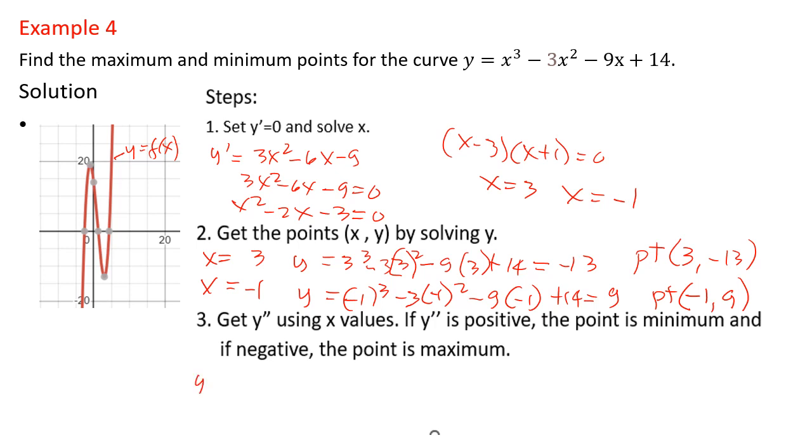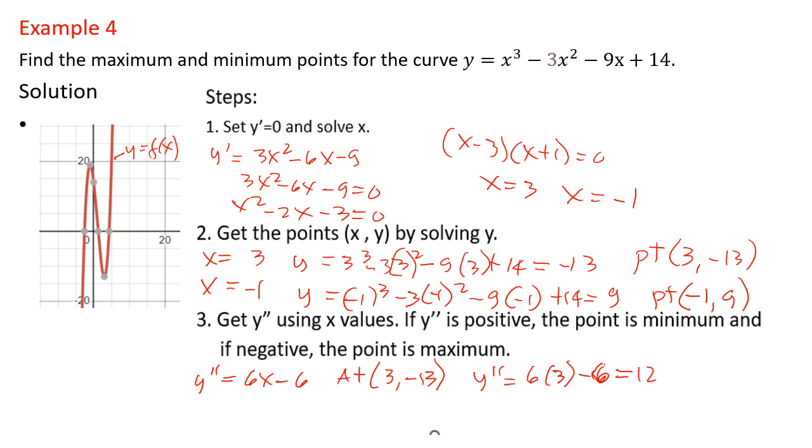So y double prime equals 6x minus 6. At point 3, minus 13, y double prime equals 6 times 3 minus 6 equals 12.